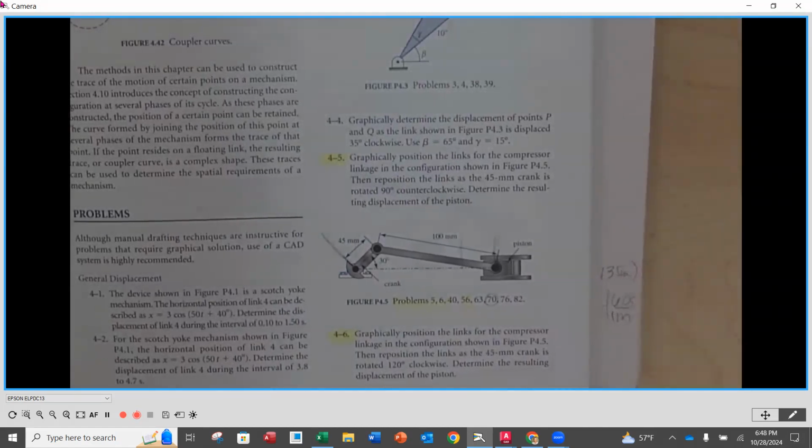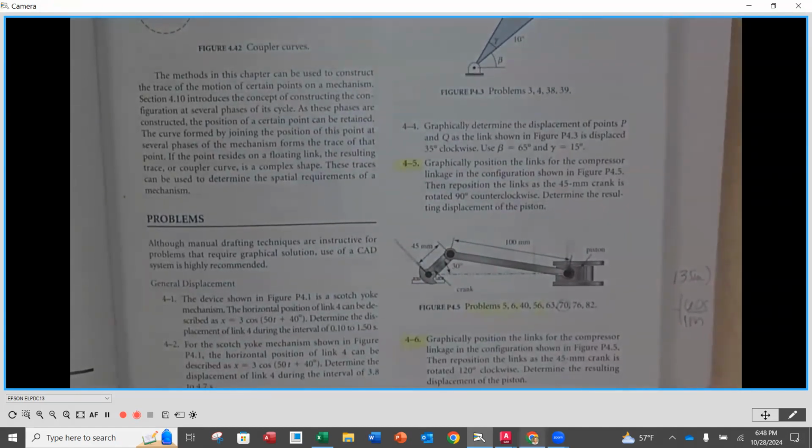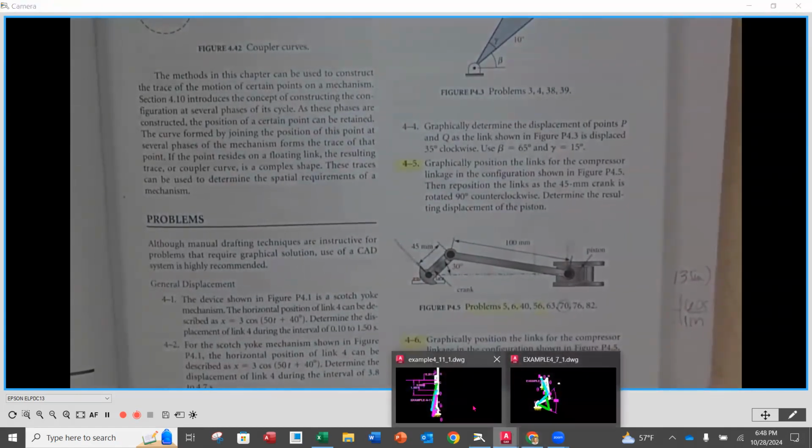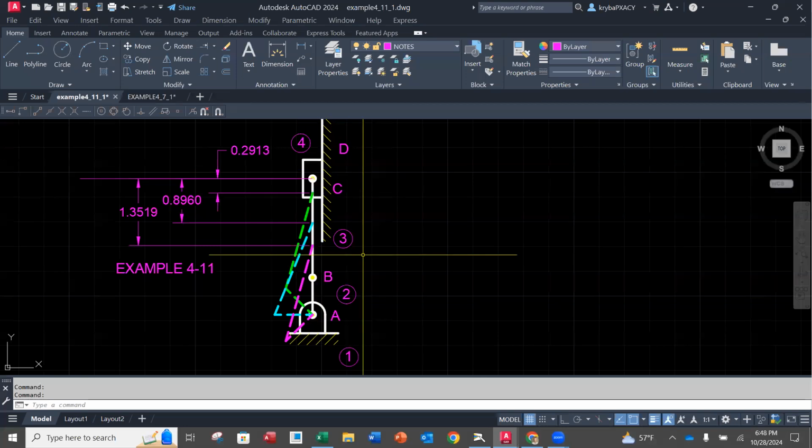So you would take a screenshot of something similar to this, but probably in a different orientation. When we did these multiple movements on the same diagram, you don't have to put C prime, C double prime, C triple prime and all that, because it's just going to get too cluttered.